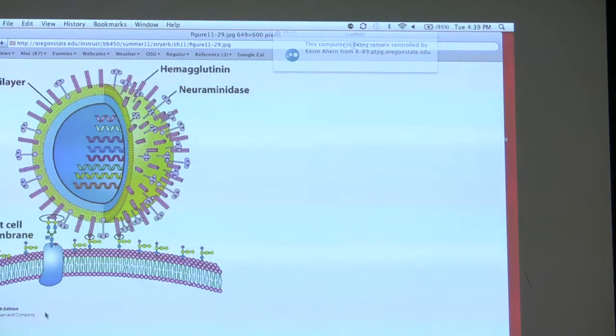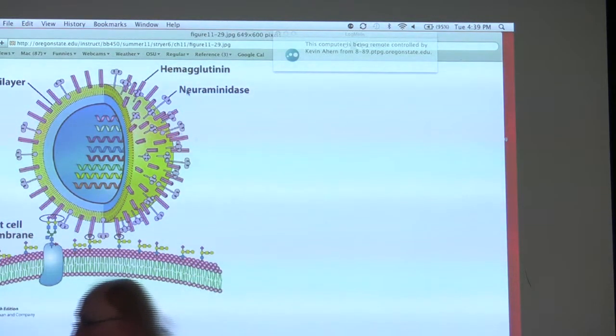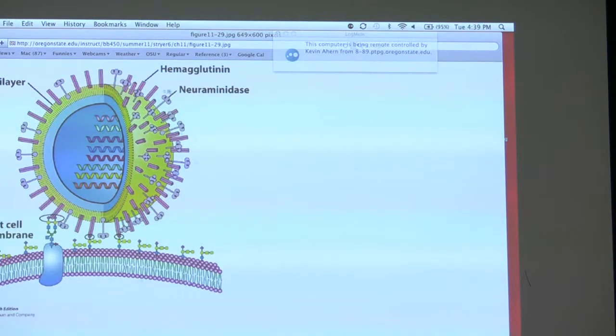The cleavage of that sugar is catalyzed by the enzyme neuraminidase, which is also on the surface of this flu virus. So once the hemagglutinin attaches itself, right next door is the neuraminidase, ready to cleave a residue and then inject the viral RNA.